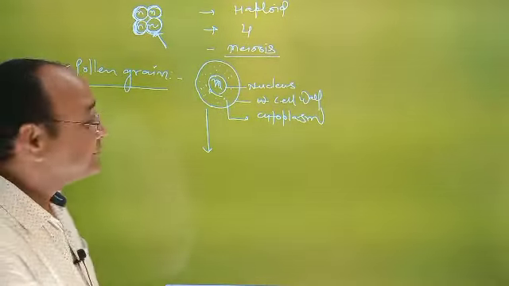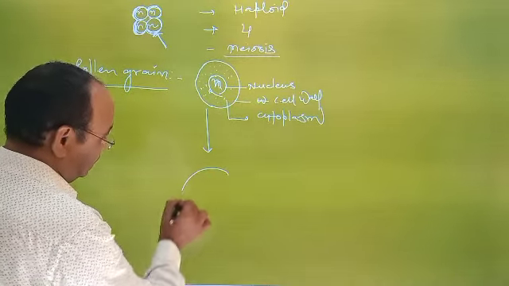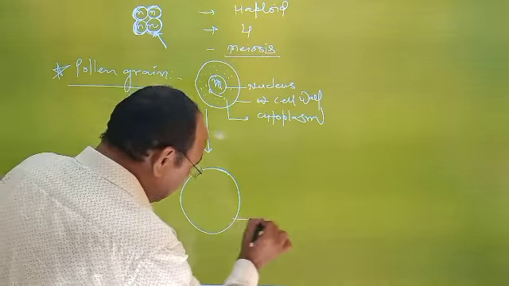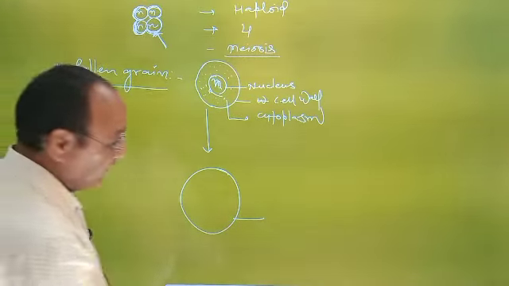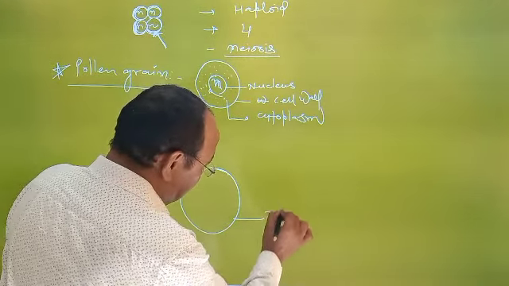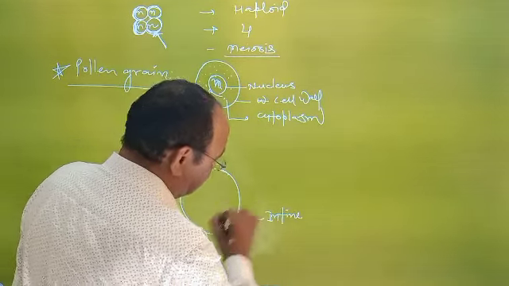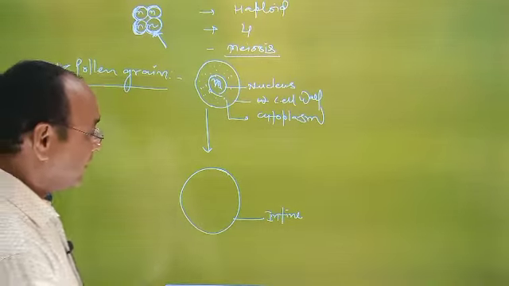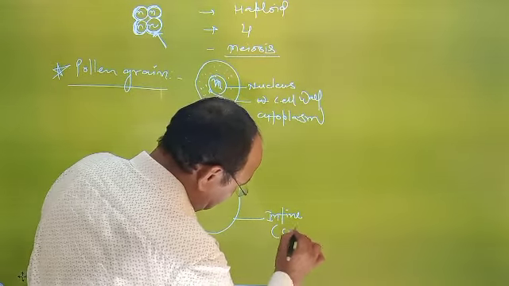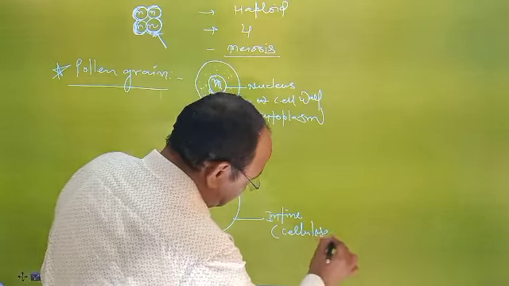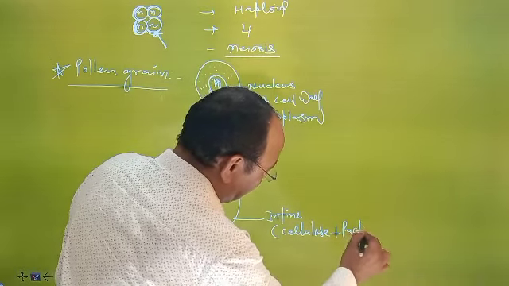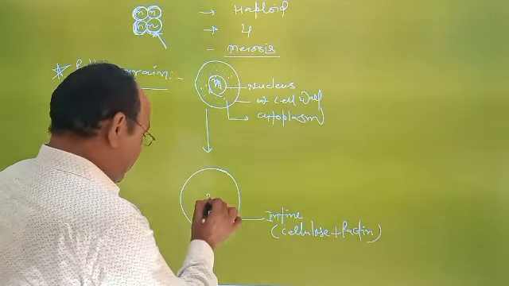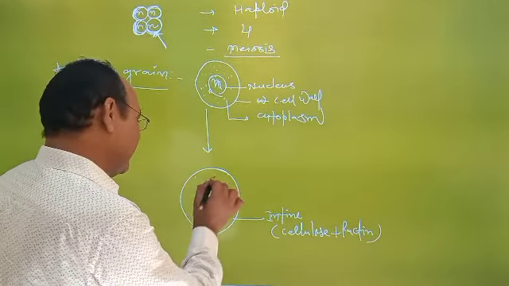In a pollen grain, two layers are present, in which the inner layer is called intine. The inner layer of a pollen grain is intine, and it is made up of cellulose and pectin.